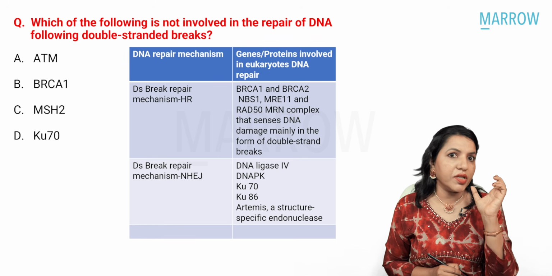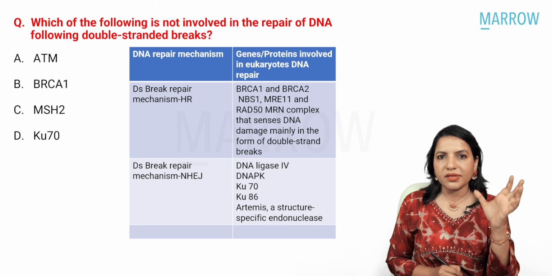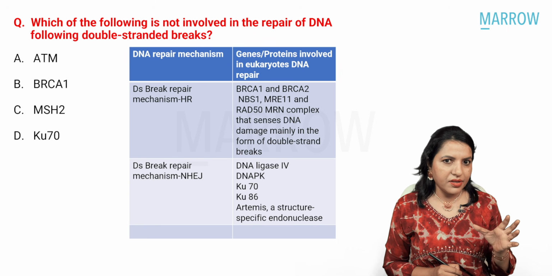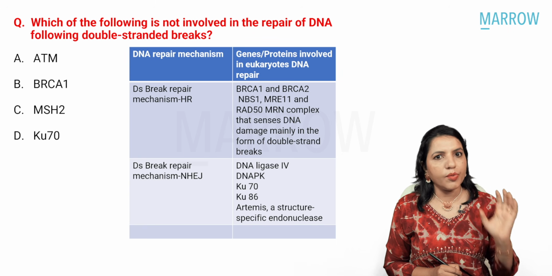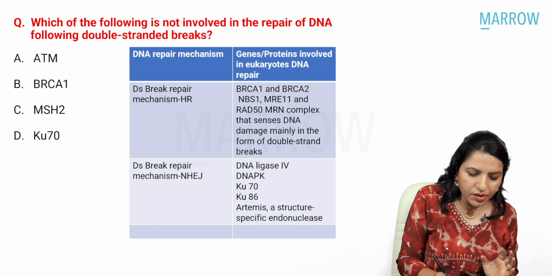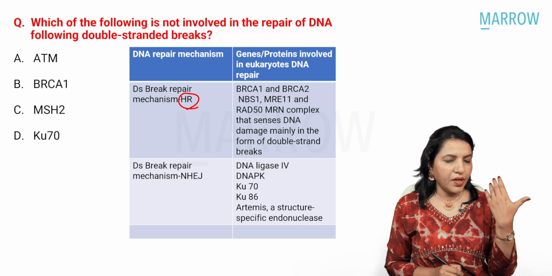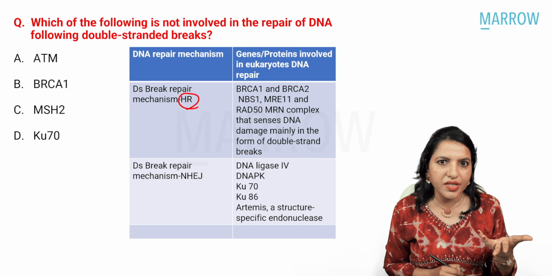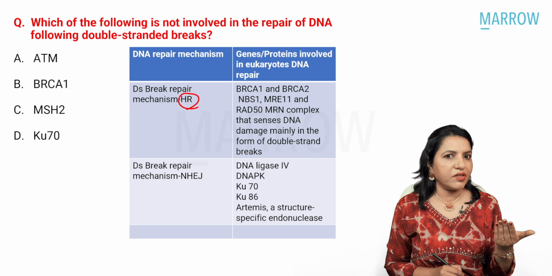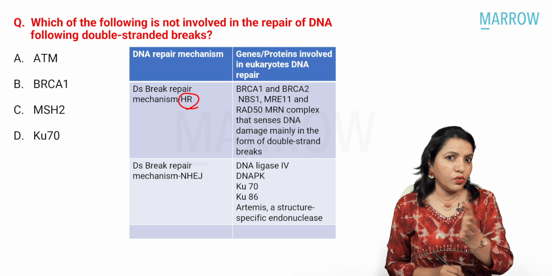Now go to the double strand break repair mechanism. It has two mechanisms under it: one is homologous recombination, the other is non-homologous end joining. First, homologous recombination. We have seen many disorders associated with it, such as the BRCA1 and BRCA2 defect associated disorders.